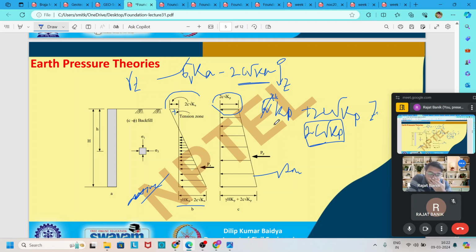So the pressure diagram looks like that, and if you gradually increase the depth, at the bottom of the wall the pressure is gamma H Kp plus 2c root Kp.